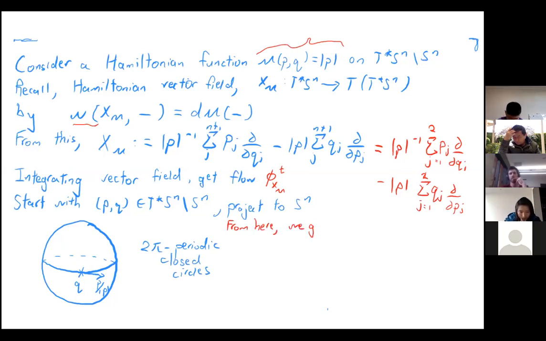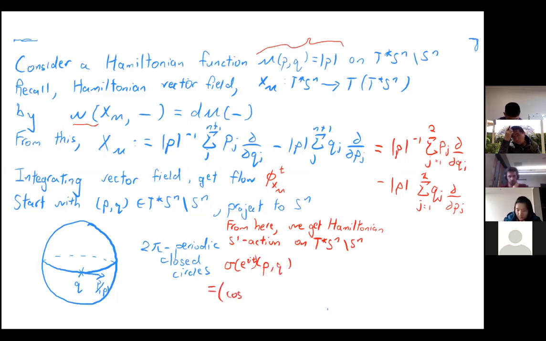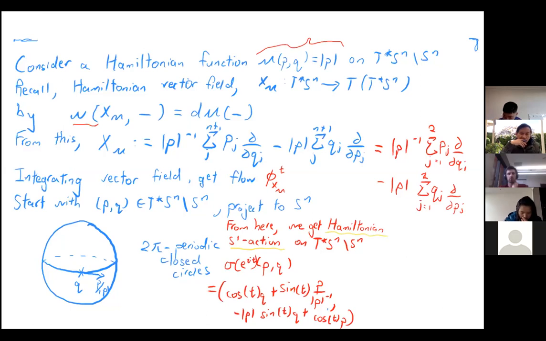So this is a periodic closed circle, and from here we get a Hamiltonian S1 action on T*Sn. This formula is quite familiar from last week: (q, p) goes to (cos t q plus sin t p over |p|, minus |p| sin t q plus cos t p). By a Hamiltonian S1 action we just mean a one-parameter subgroup, the integral of the Hamiltonian vector field.